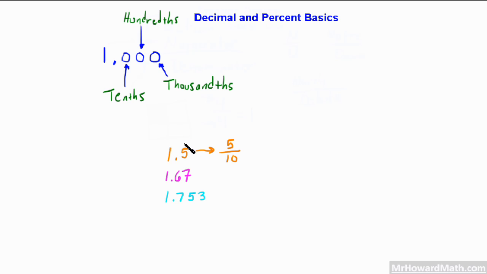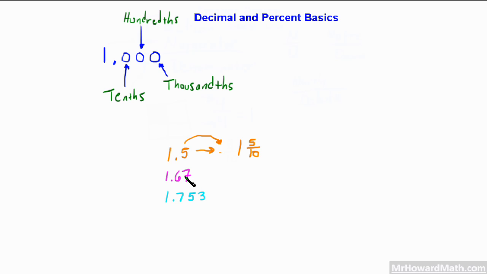Now we'll discuss this more when we're doing conversions, but if you start saying it this way, 1 and 5 tenths, it will help you when you start converting to fractions and really understand exactly what this means. 1.5 isn't near as descriptive as 1 and 5 tenths, and I should probably clarify this because I don't want you to get confused here. What this actually means would be 1 and 5 tenths.